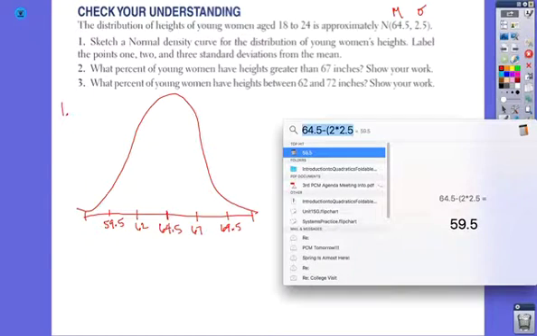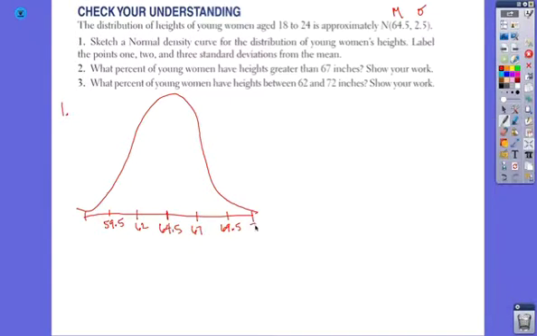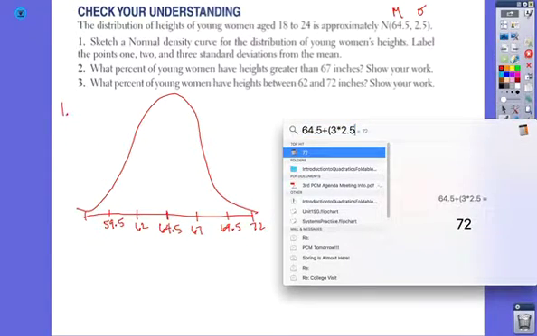Three standard deviations away on the right would be 64.5 plus 3 times 2.5, which would be 72. And then on the left-hand side, we would say 64.5 minus 3 times 2.5, which would be 57.